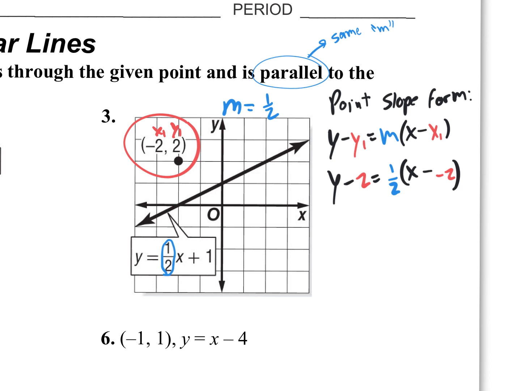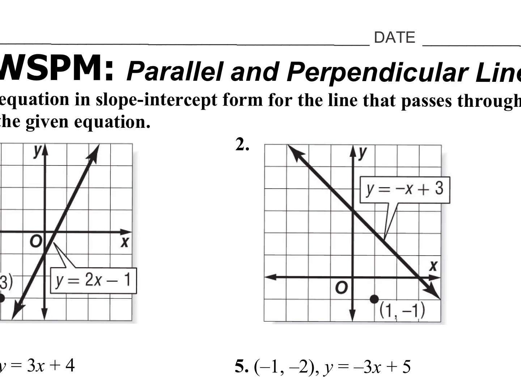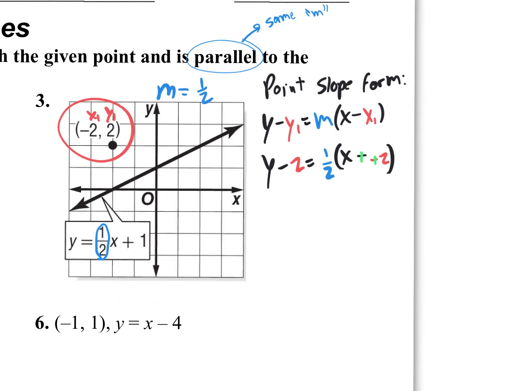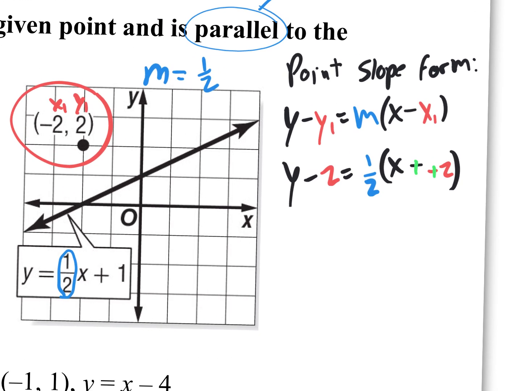The only thing you could do to make it look nicer is change the minus minus to plus plus. Now, they didn't ask for point-slope form. The instructions say write it in slope-intercept form, okay? But we at least have a form of an equation, which is point-slope. If you want to change to slope-intercept, get rid of the parentheses. How? By distributing the fraction. And this time it's pretty easy to distribute. 1/2 times x is just 1/2 x. 1/2 times 2, what's half of 2?